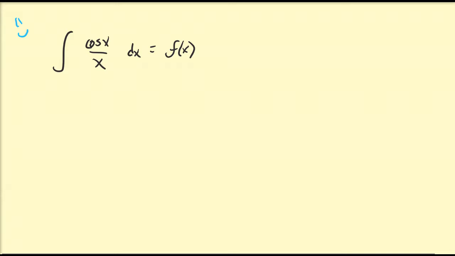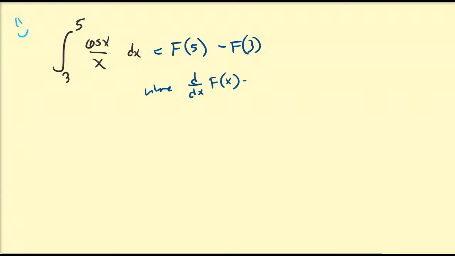So what if I were to ask, what is the integral under this curve from 3 to 5? Well, if you were to know what this function was, then by the fundamental theorem of calculus, since this function is definitely continuous on [3, 5], the only issue being x equal to 0, you would just say this is going to be equal to F of 5 minus F of 3, where the derivative of capital F of x is equal to cosine of x over x.